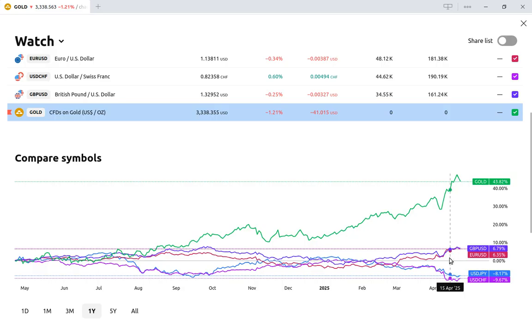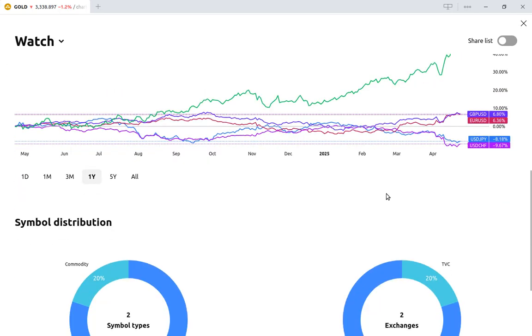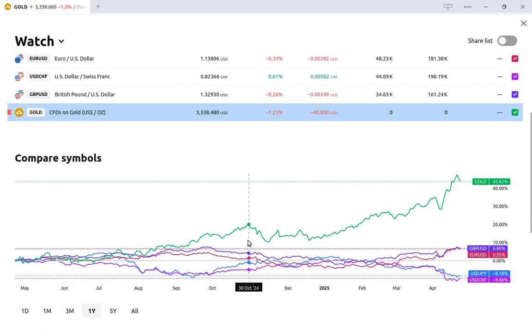But gold has outperformed these currency pairs according to this comparison chart.